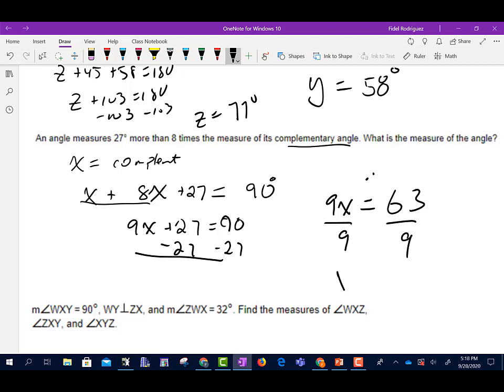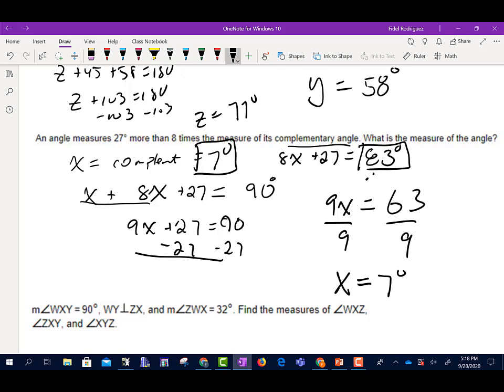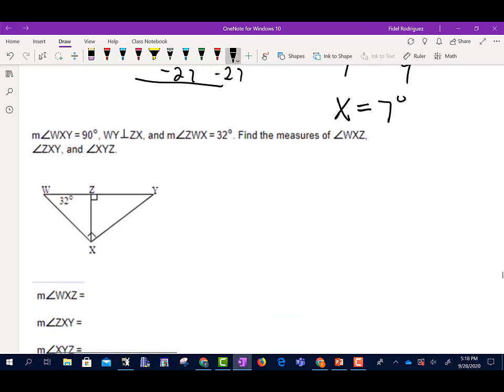So when I divide by 9, x is 7 degrees. So the complement is 7, and the angle itself, 8x plus 27, would be, what's 90 minus 7? 83 degrees. Boom. Those two right there add up to 90, right? Okay.